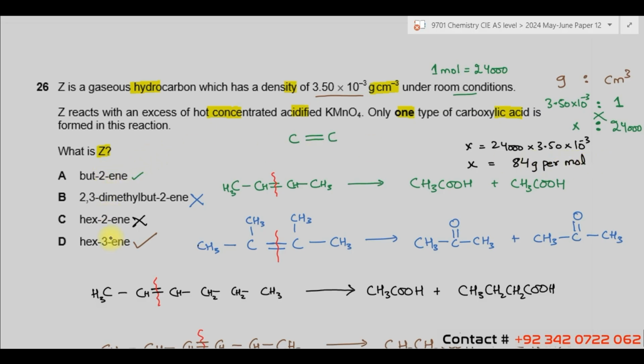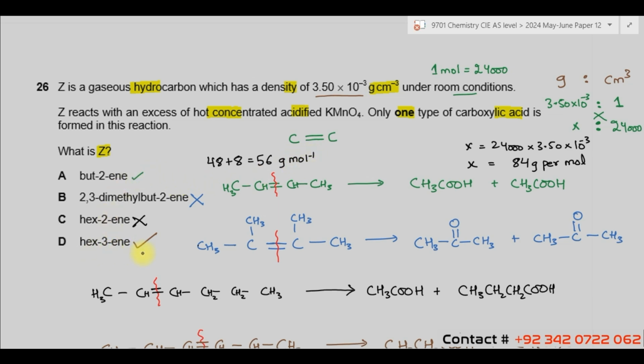Now 24,000 centimeter cube is also 1 mole, so we can say grams per mole. Let's find the molecular mass of these two and let's see which one is 84 grams per mole. For but-2-ene we have 4 carbons, so 12 into 4 is 48 plus 8 hydrogens, so it is 56. In terms of grams, we can say 56 grams per mole.